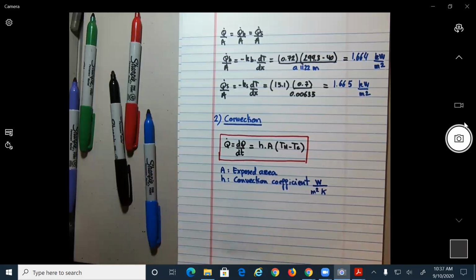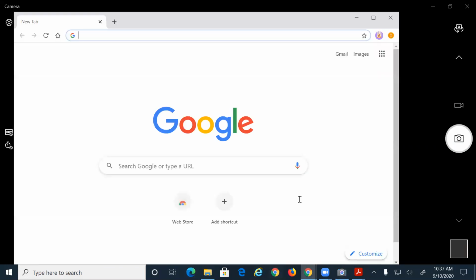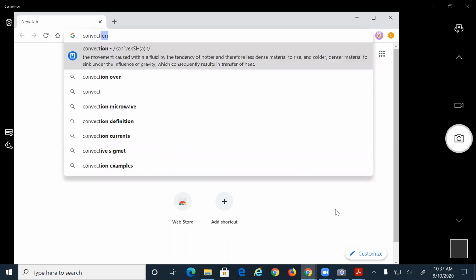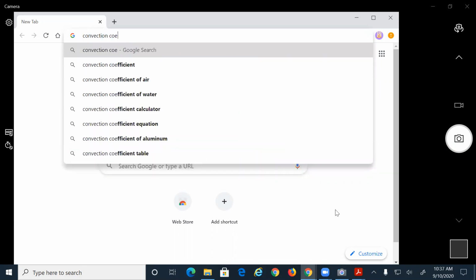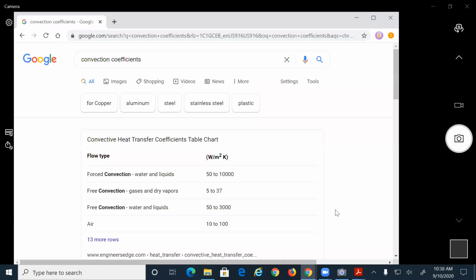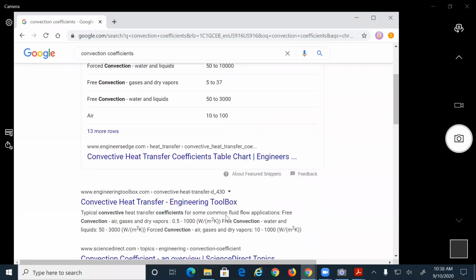So over here, if I go and try to Google convection coefficients, do you think you're going to get something? The answer should be no. I mean, you might get stuff, but for convection, they give you a range of values, but they don't give you specific values for each one of the fluids, okay?